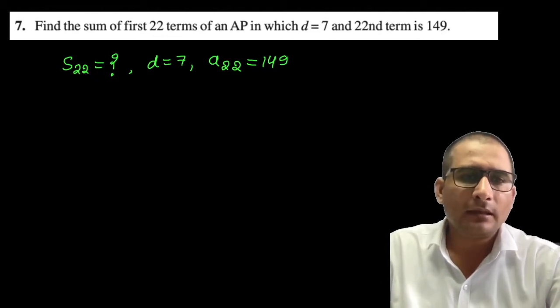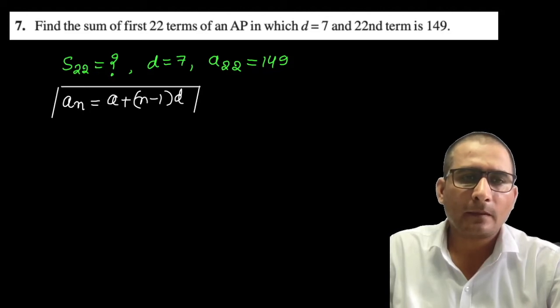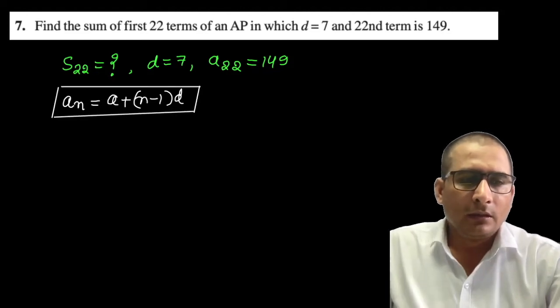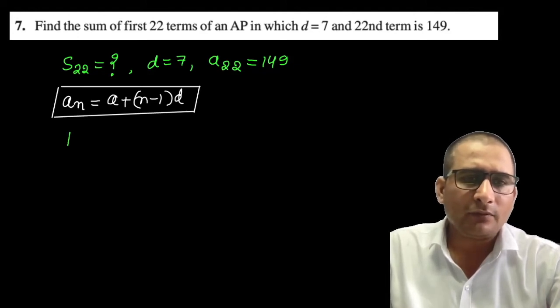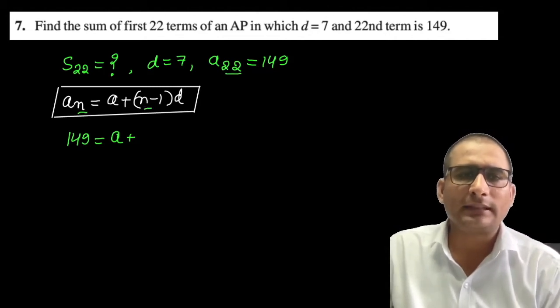Now let us apply the formula for AN first. AN is equal to A plus N minus 1 into D. So after applying this formula, AN कितना given है? Suppose it's 149. A का हमें पता नहीं है. What is N? If I take this, N is equal to 22 in this case.